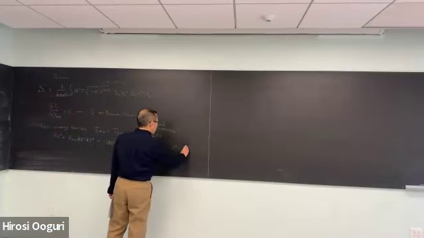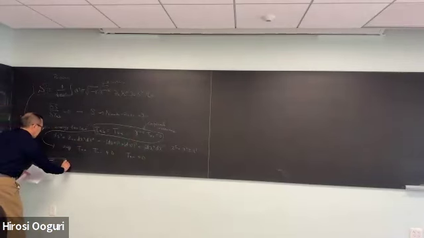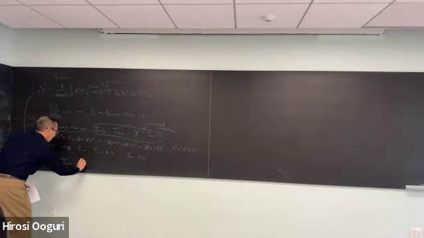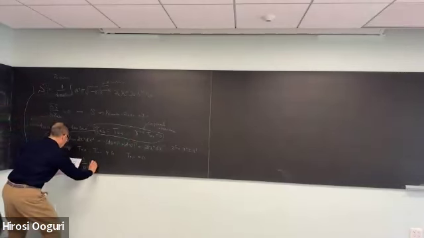Okay, and if I use it for this particular action, for the Polyakov action, T_++ is 1 over alpha prime of (∂_+ X)^2, and T_-- is (∂_- X)^2. So these are the conditions.